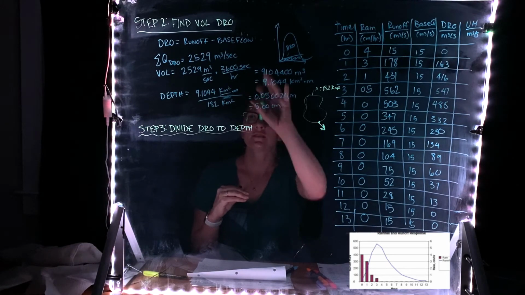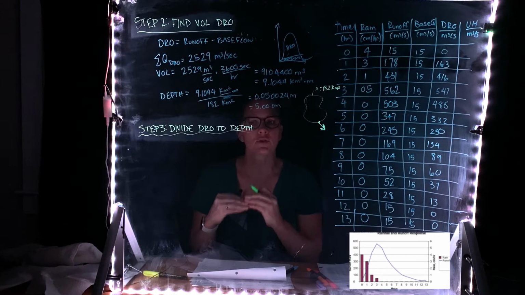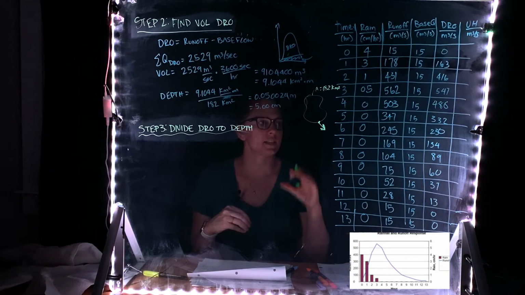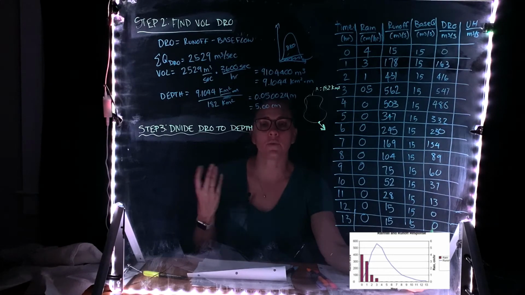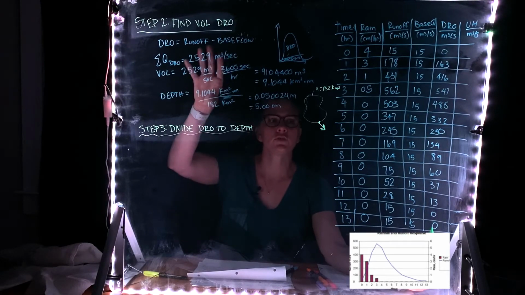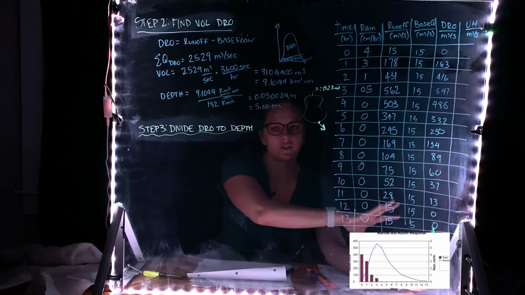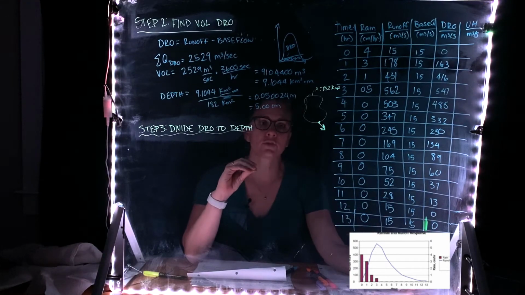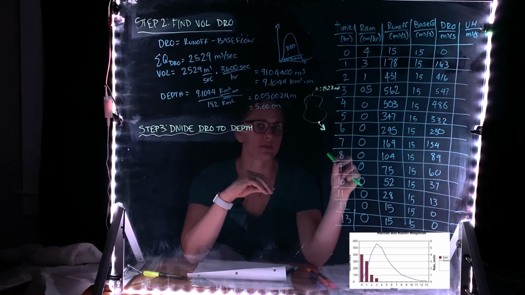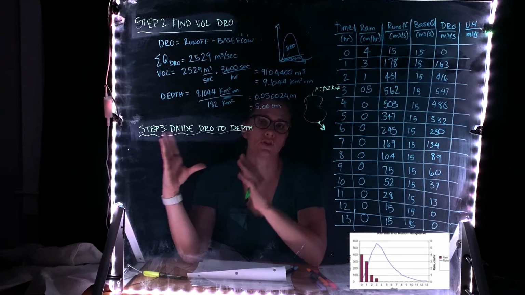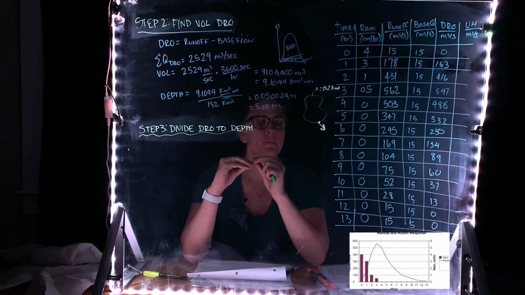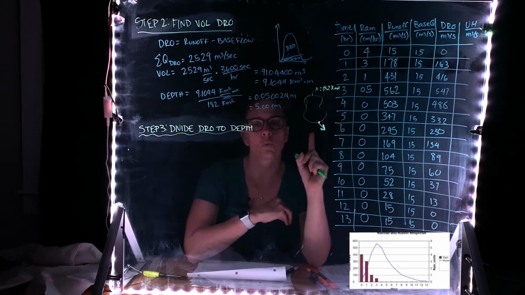Okay, so that's step number 2. Step number 3 is to divide this direct runoff by the depth. And why are we doing that? We just did this calculation to find that this storm translates to 5 centimeters of water over the watershed. We're looking for a unit hydrograph. And remember, a unit hydrograph represents 1 unit.